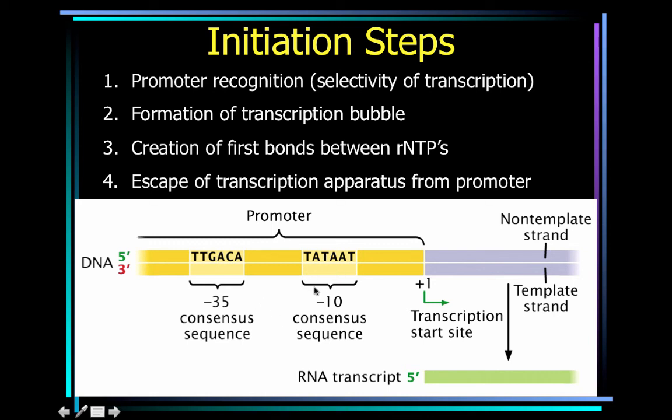So we have a consensus sequence that is conserved across many species at -10 and at -35. RNA polymerase is looking for these 2 points to figure out that, okay, 10 base pairs downstream of the -10 consensus sequence, we start the transcription of the messenger RNA strand.